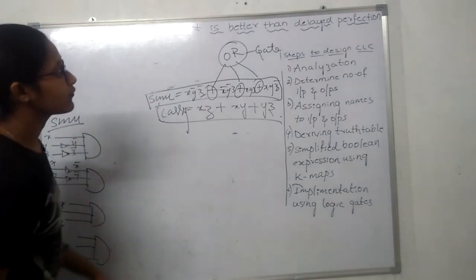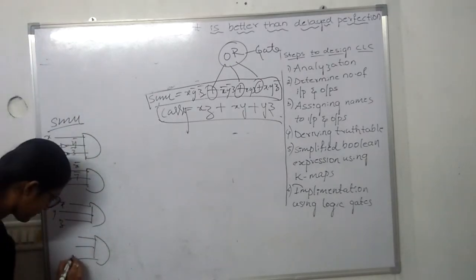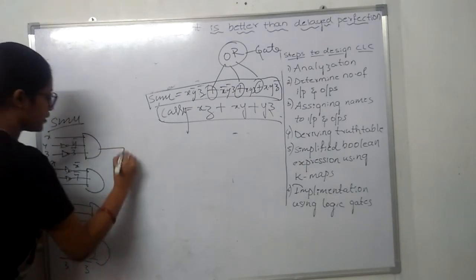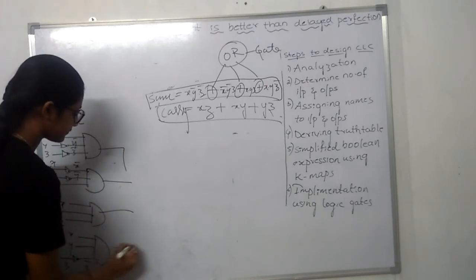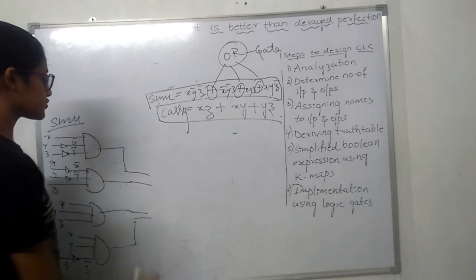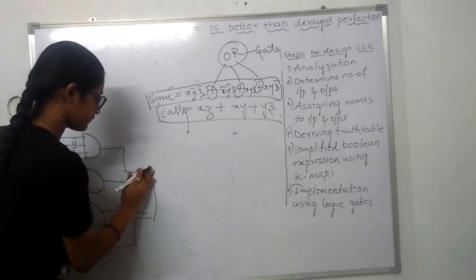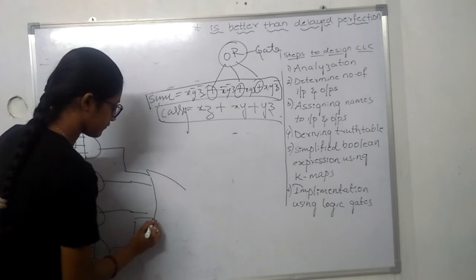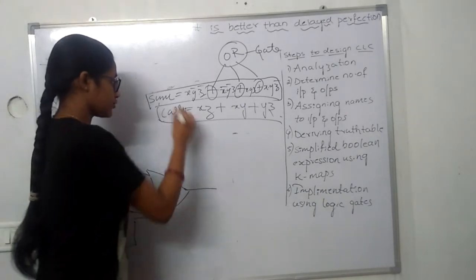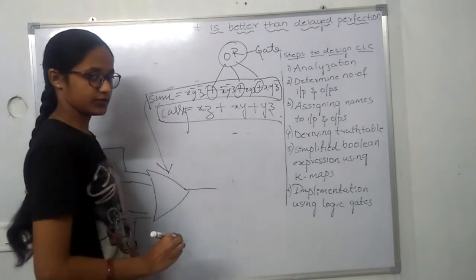And then one inversion at z. So z, z bar, x, y. We have to give all these outputs of the AND gates to an OR gate in order to add, so we will get the output.